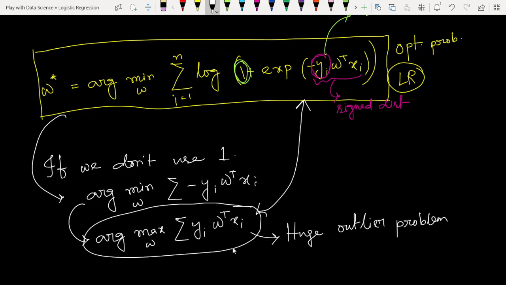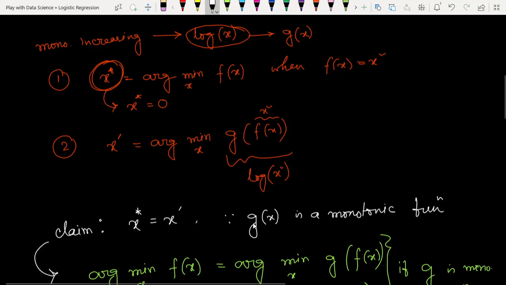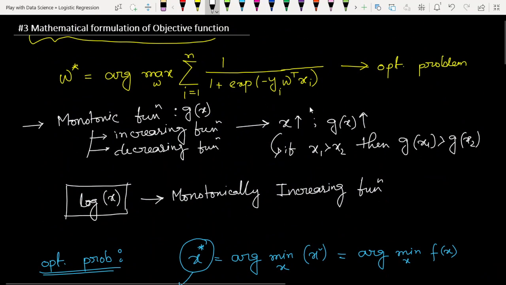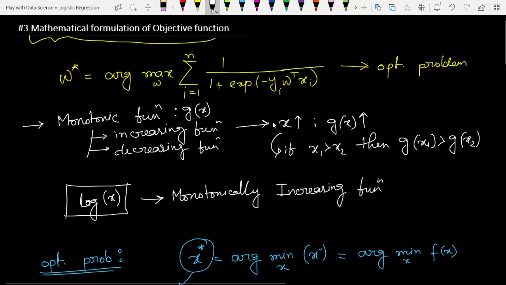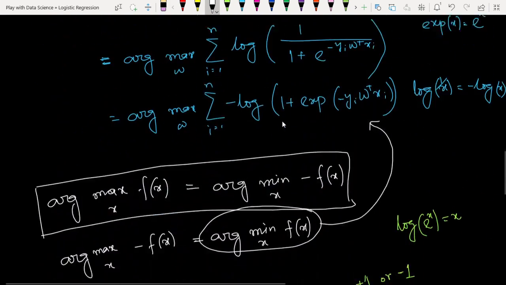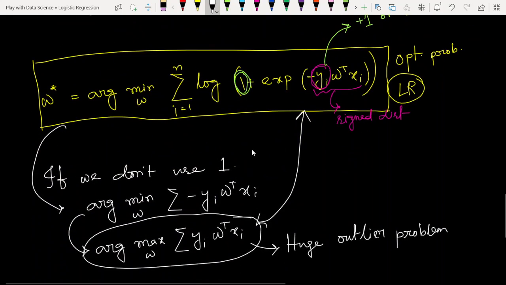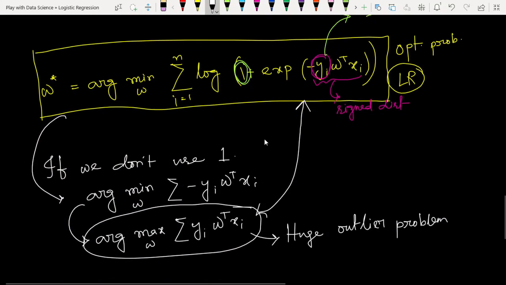To avoid it, we apply the squashing technique. We apply the Gaussian function to this problem, then list out these functions. To ease our calculations, we apply the log function to convert the exponential to a linear thing, and finally got our logistic regression optimization problem, this one.